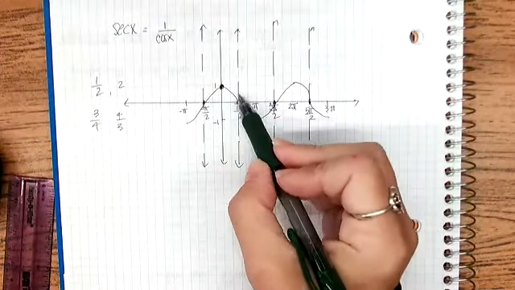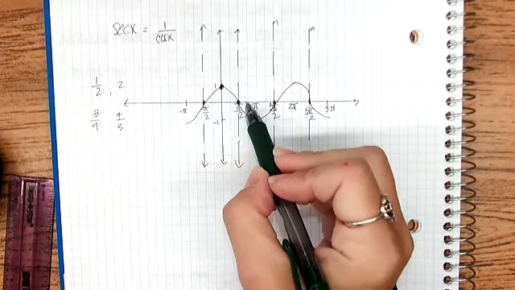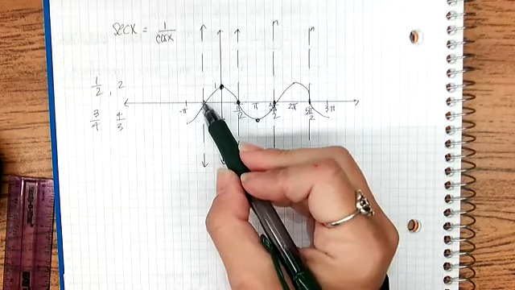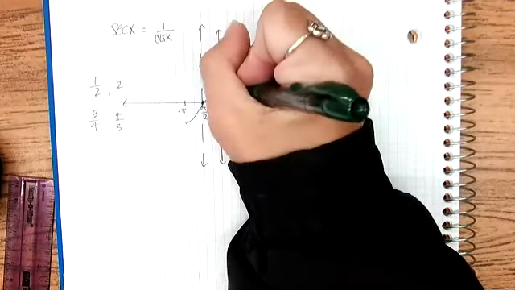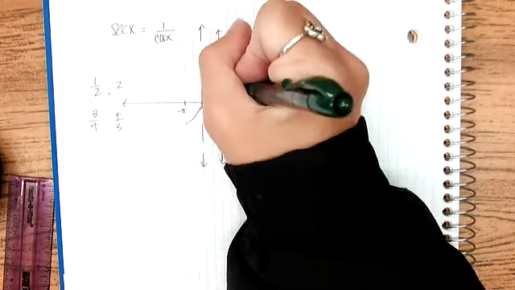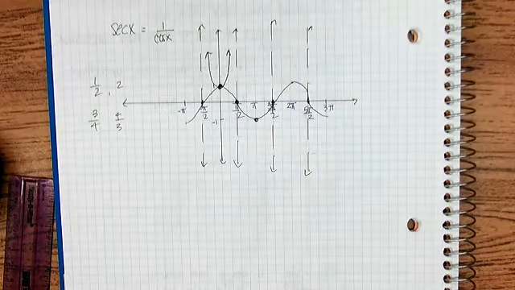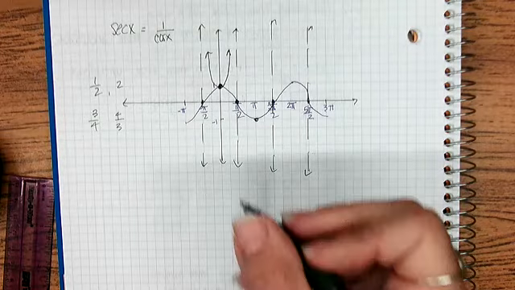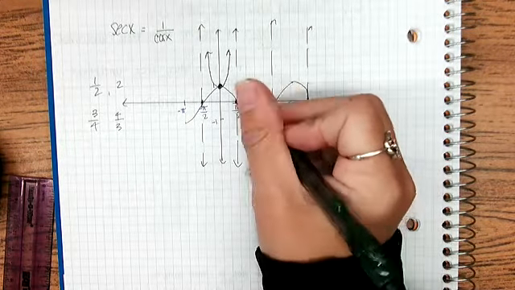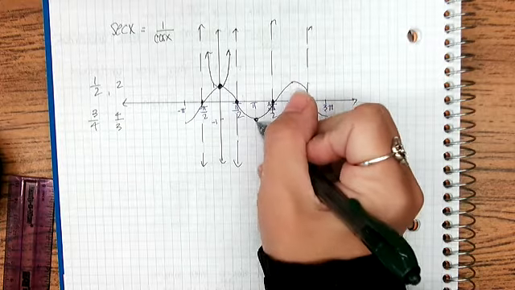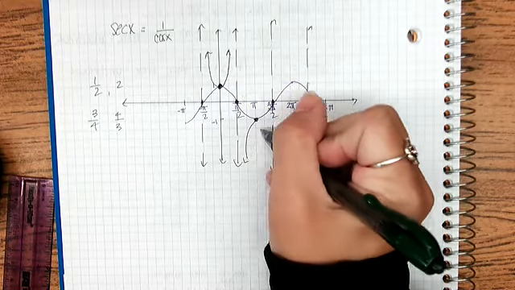This is downward facing, this half parabola, this semicircle. Secant is upward facing. And between pi over 2 and 3 pi over 2, the cosine is negative, the secant is negative.